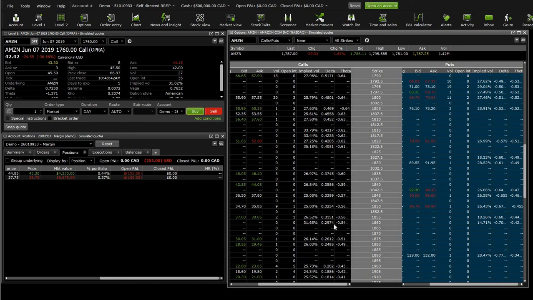So for every dollar move, we're getting a much smaller price increase in the option, but we're also not paying as much for the option premium. So it's a way for us to get more exposure to more companies rather than having to buy 100 shares of each company. You're only having to put up a few grand for each rather than a few tens of thousands of dollars.